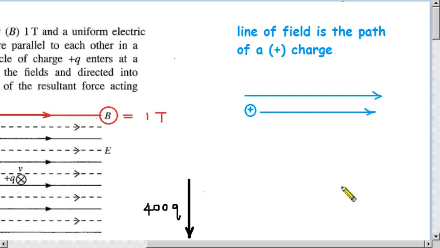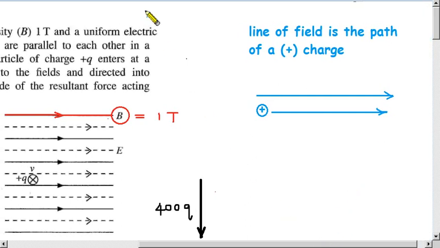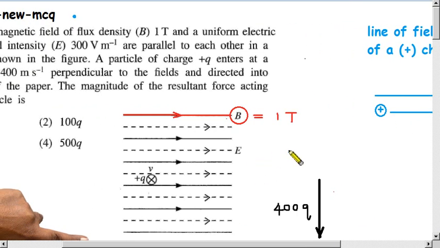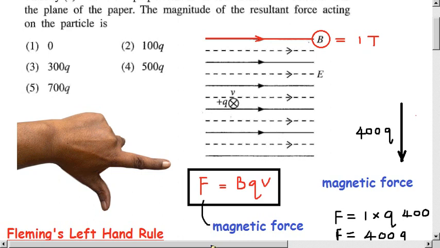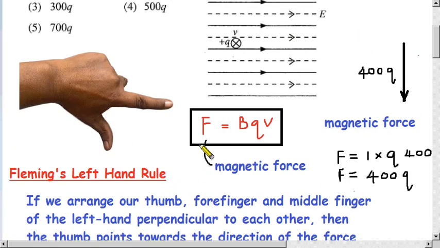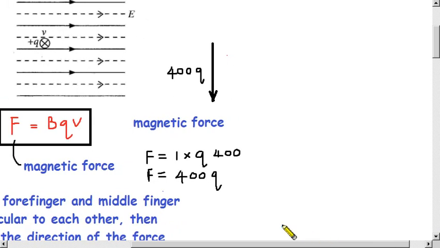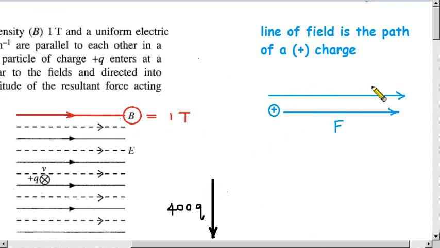So they have given that. We don't have to worry about the direction of the force, because this is the force acting on this charge. Unlike in the magnetic field, where finding the direction of the force was difficult and we had to use the left hand, here it is very easy, because they have given the direction of the electric force lines, and arrows are there.